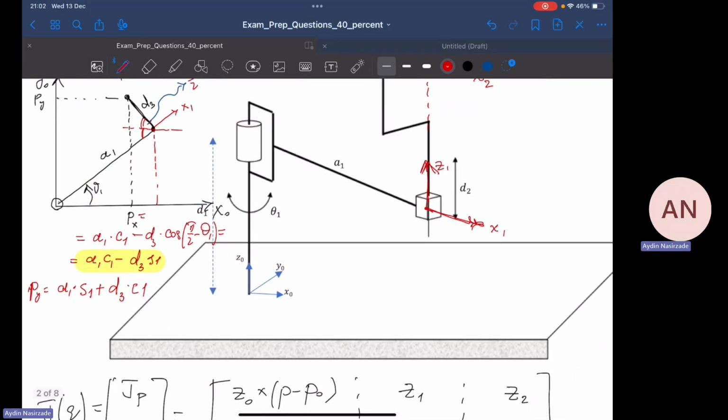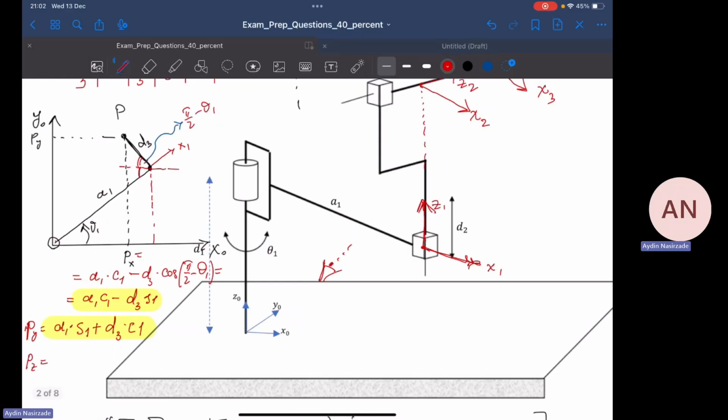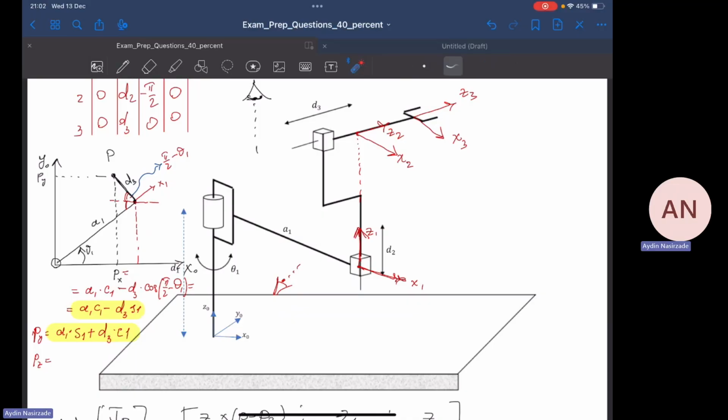That's it. What about Pz? If we have a look at this picture from just the side, what do we see? Where is point P? Here, right? And this is the z0 axis. So I have to find the corresponding component of the point P on this axis.